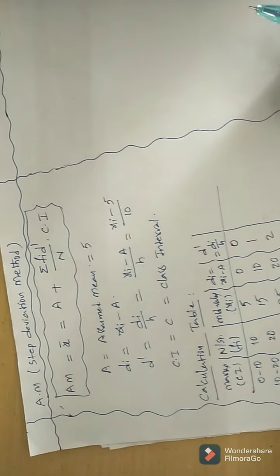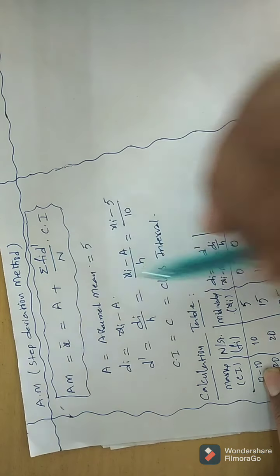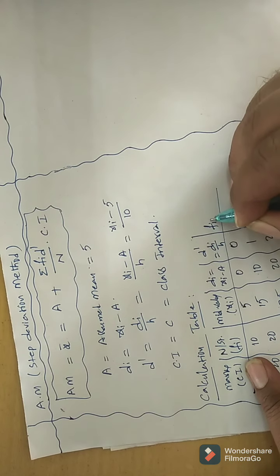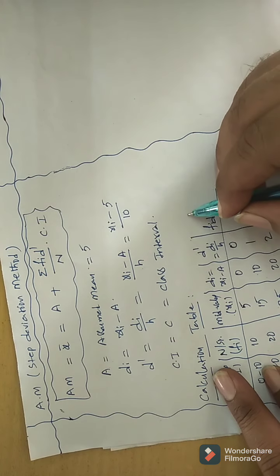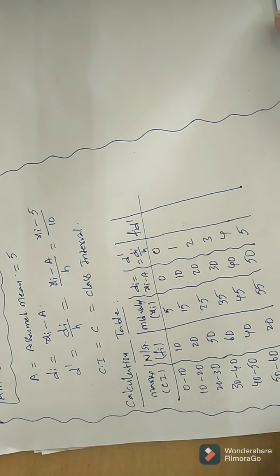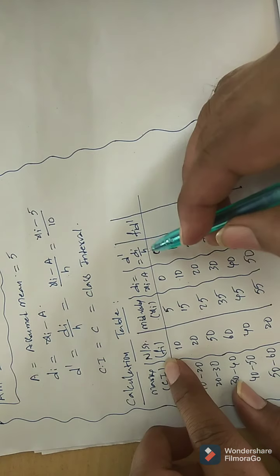Now actually what is required in the formula? The fi d dash product. Everything is available with you. Take the product: the fi's are here, the d dash values are here.